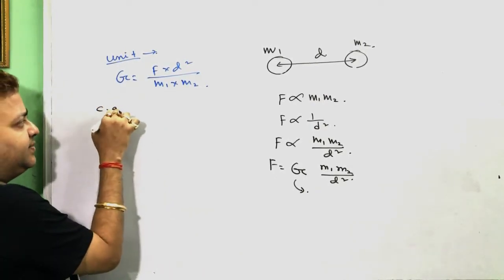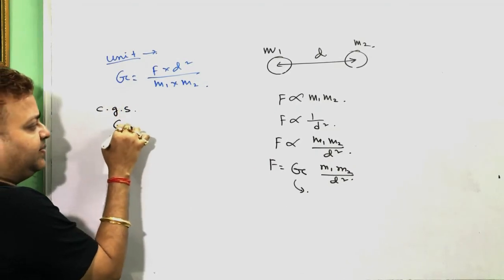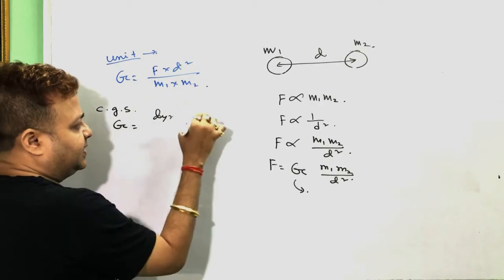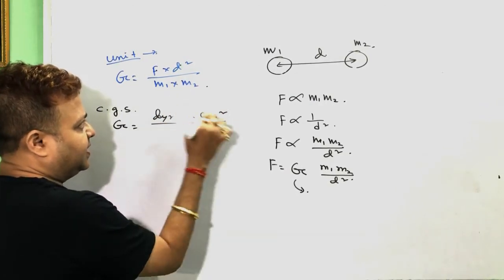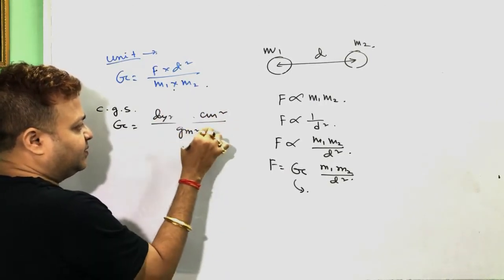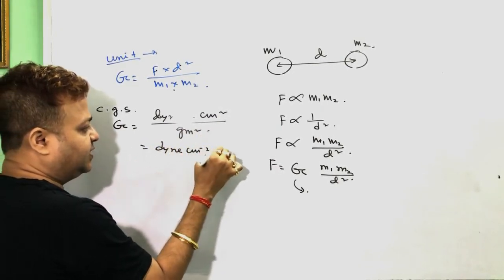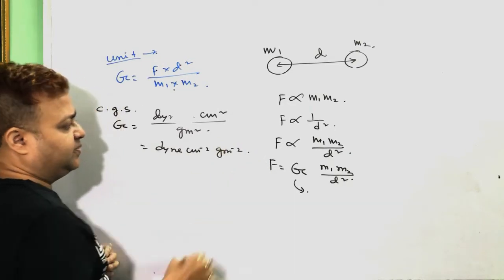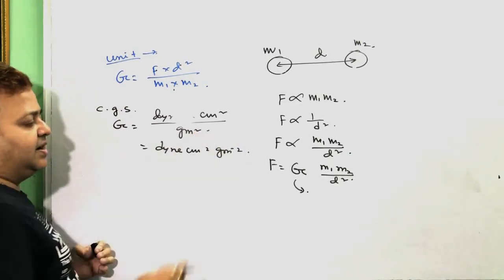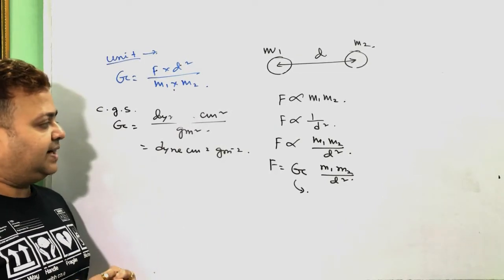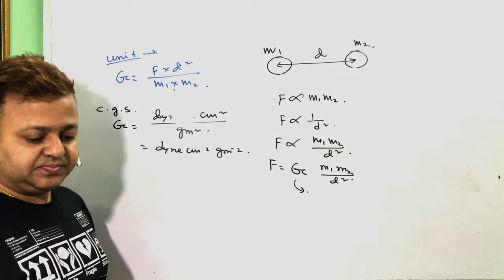So in the CGS system the unit of force is dyne, distance is centimeter square and this is gram square. So dyne centimeter square gram to the power minus 2.